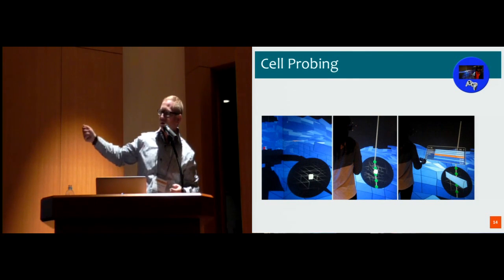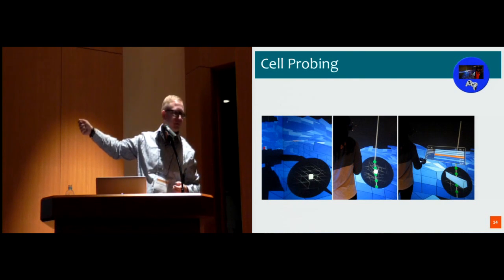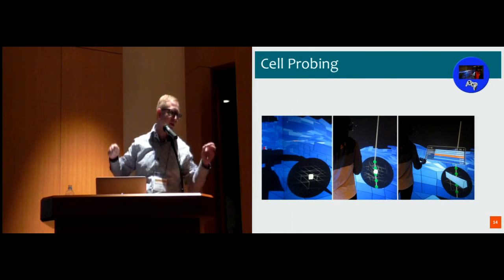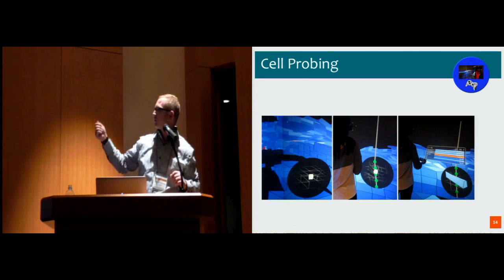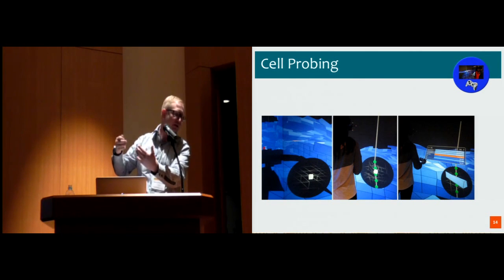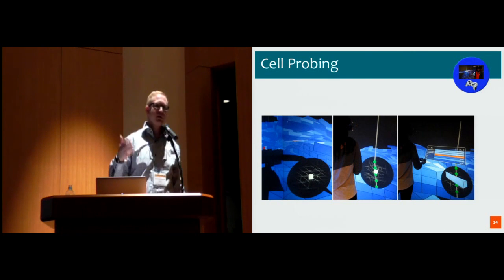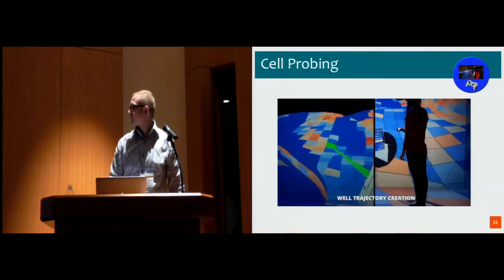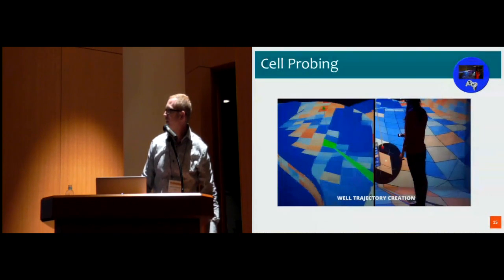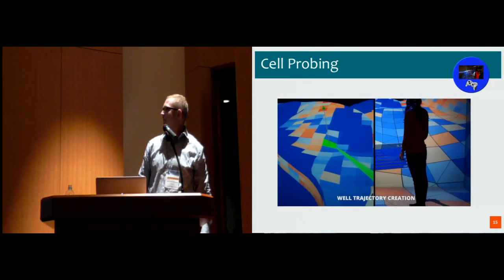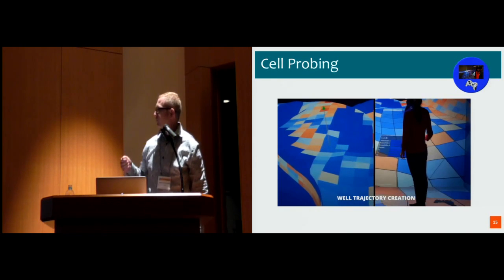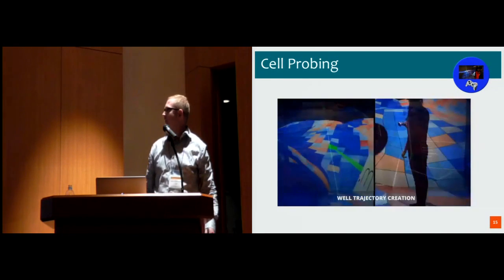And once you're in there, you can also probe cells and wells and perforations in the well. You can also get a data panel that comes up whenever you're probing, and that gives you all your different properties for those grid cells that are so important to understand. So here's an example of the probing at work. As you can see, there's the transparency lens, and then you can probe in and around.